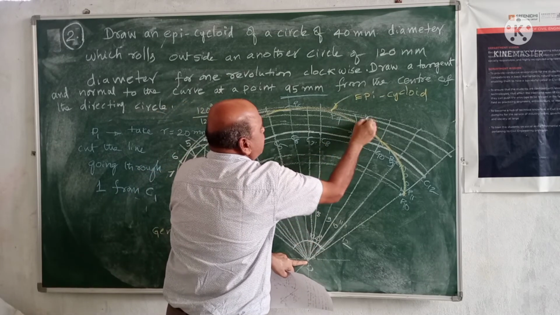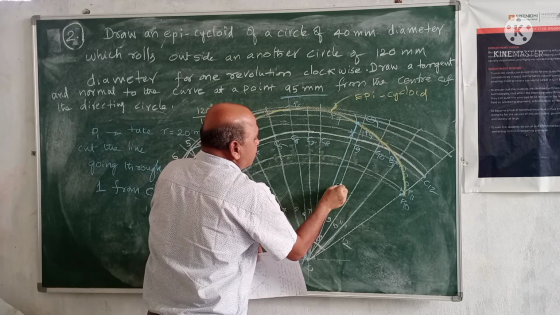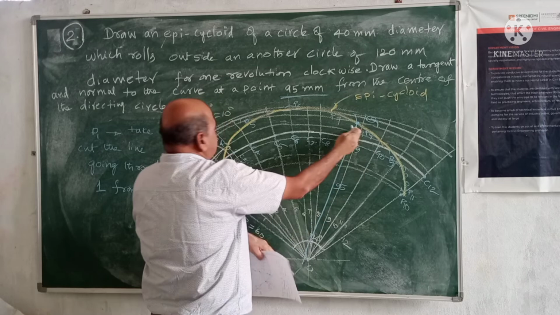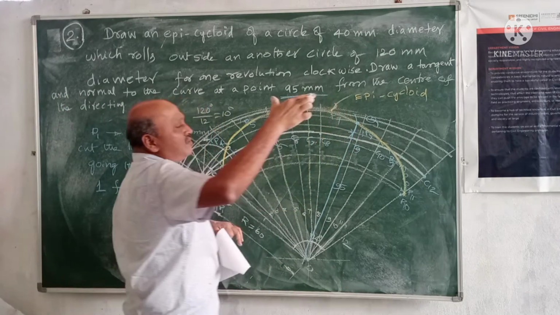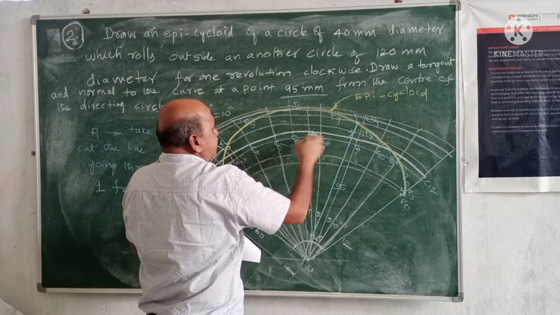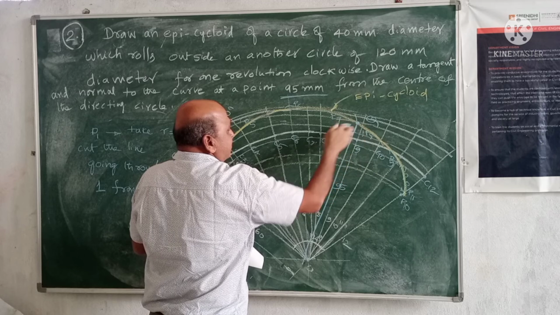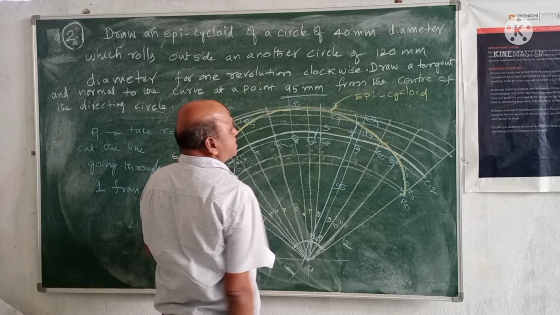That means at this point we have to draw the tangent and normal. This point is 95. Please remember, this side or this side, any side you can take. Now from Q, take the distance of the radius of the generating circle, 20. Cut the path of the center line. Path of the center line is this. Cut somewhere here, wherever we are getting.